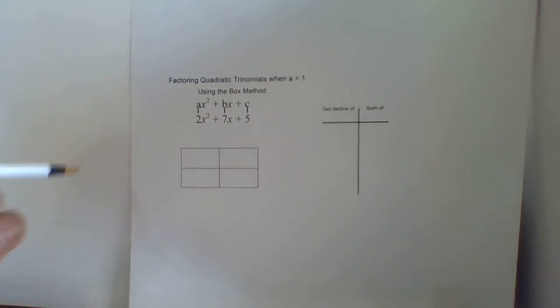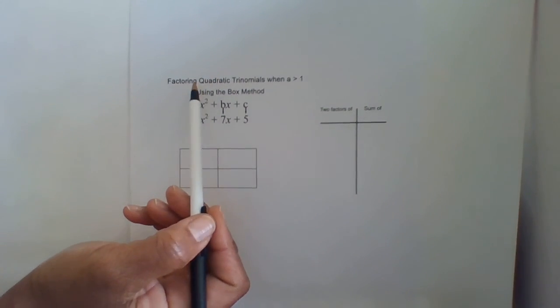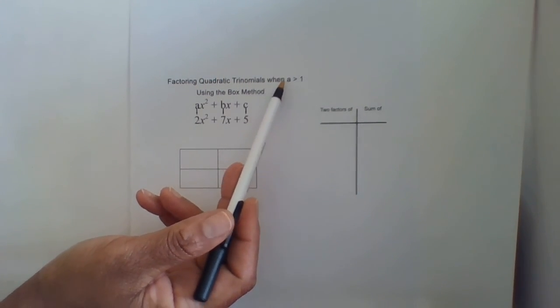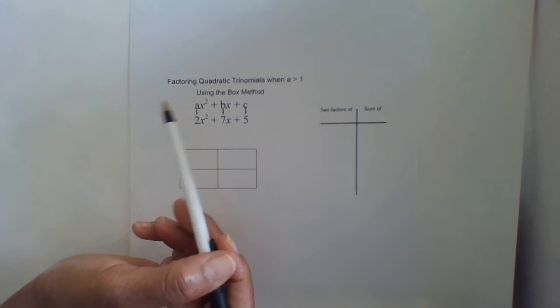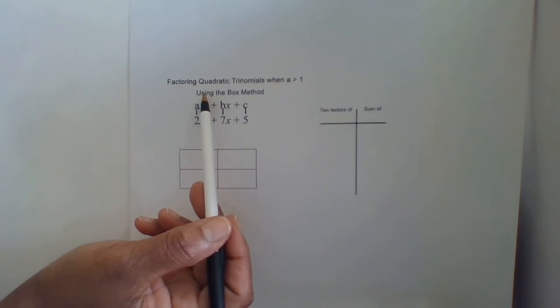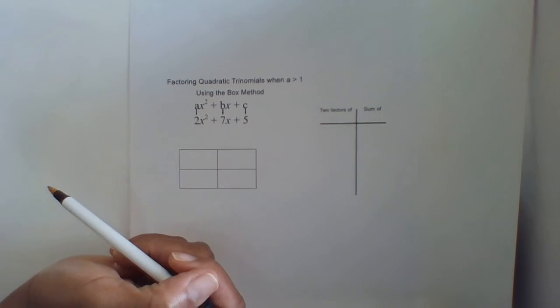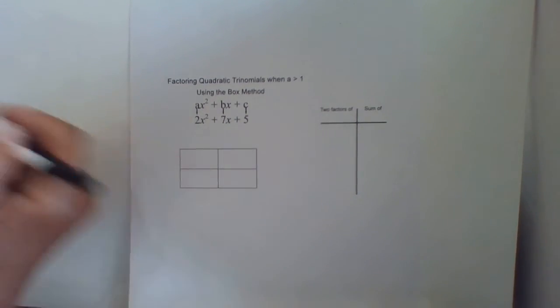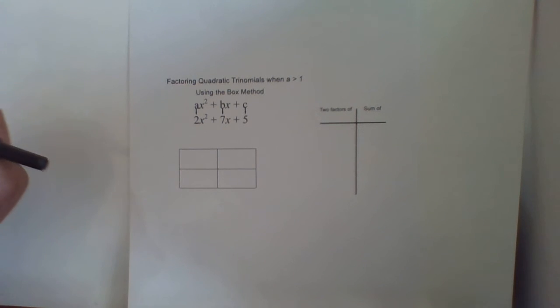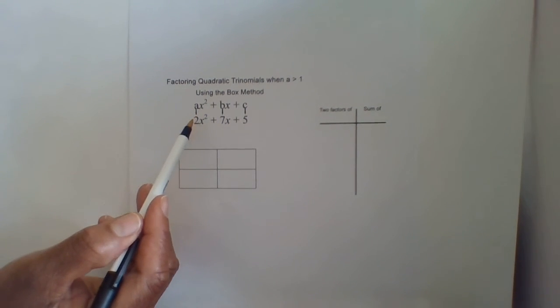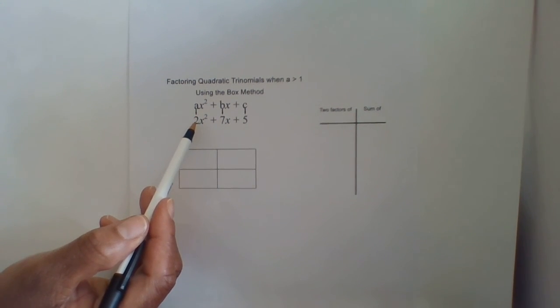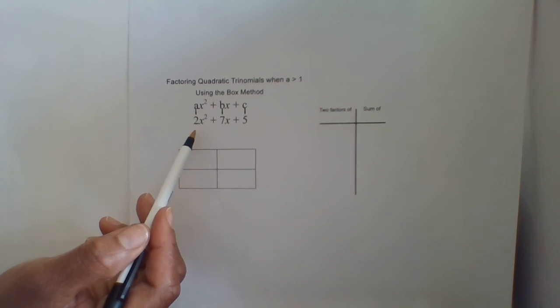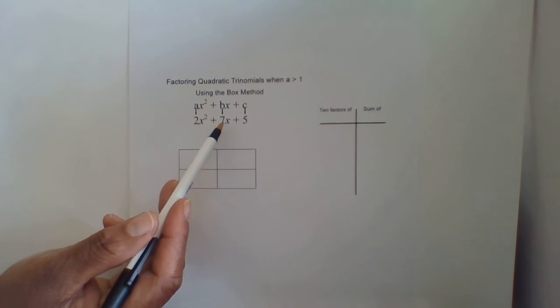So now if we look at this problem right here, we're going to be factoring quadratic trinomials when a is greater than 1. We're going to do this by using what is known as the box method. The box method will take you directly to those two binomials that you multiply together to give you your trinomial. In this case, it's going to be 2x squared plus 7x plus 5.